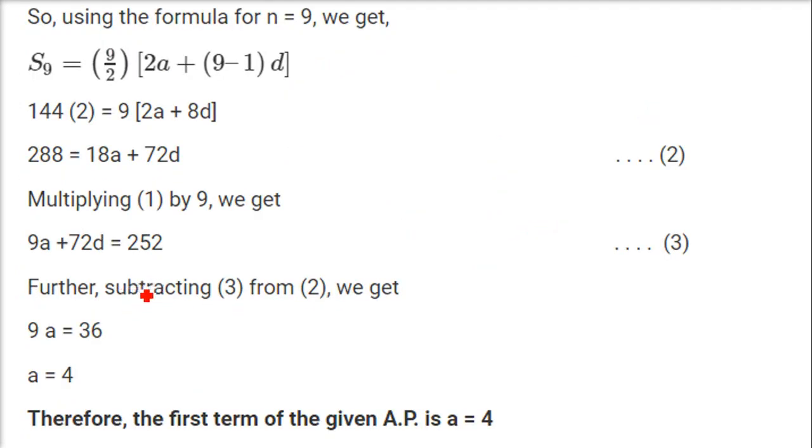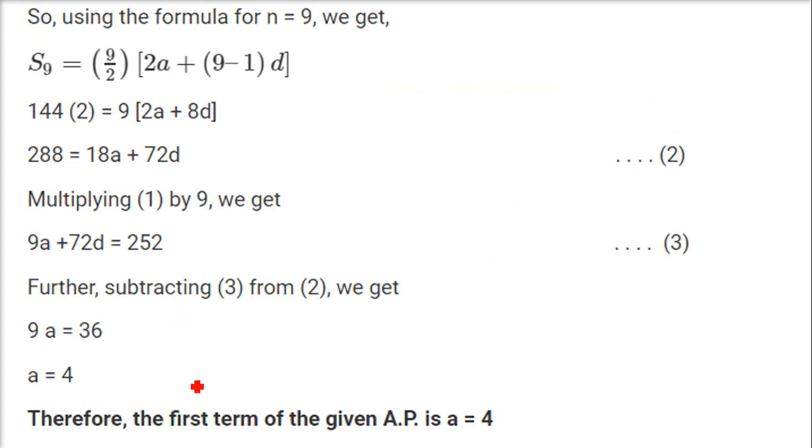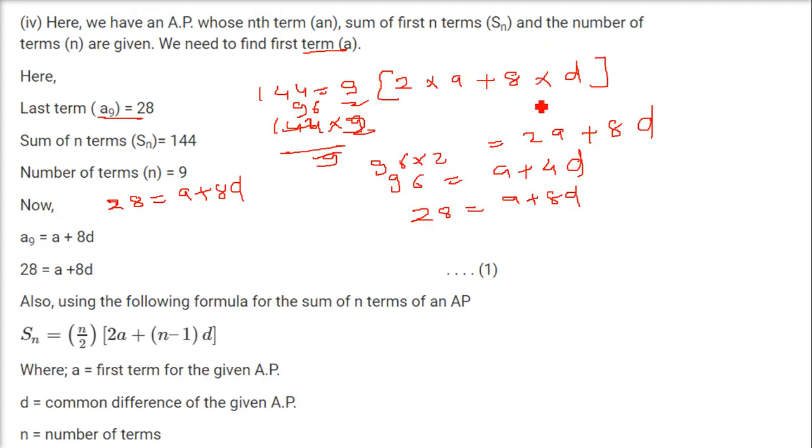Here we can multiply this by 2 in order to get a. So we get 96 into 2, 2a and 8d. Let it be like this. Now subtract. 8d cancels. This is a. And this is 96 into 2 minus 28.